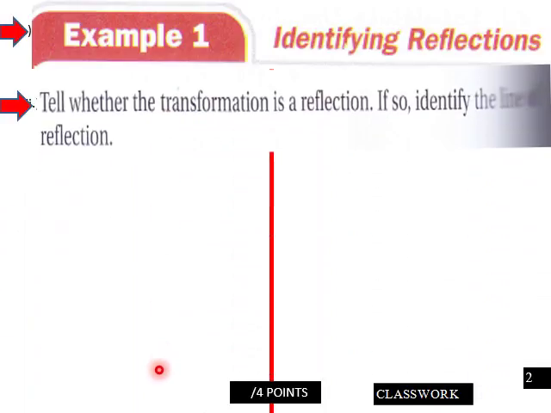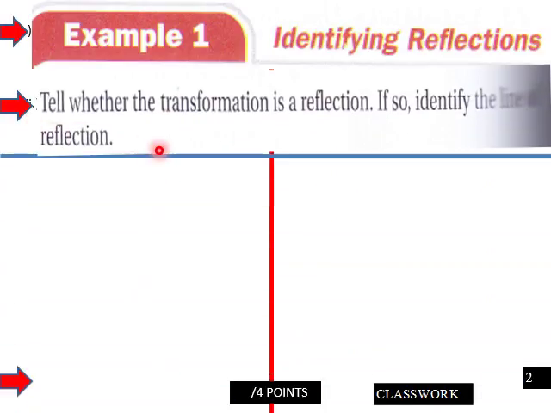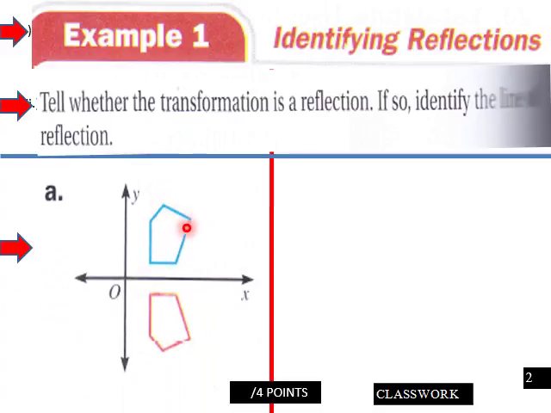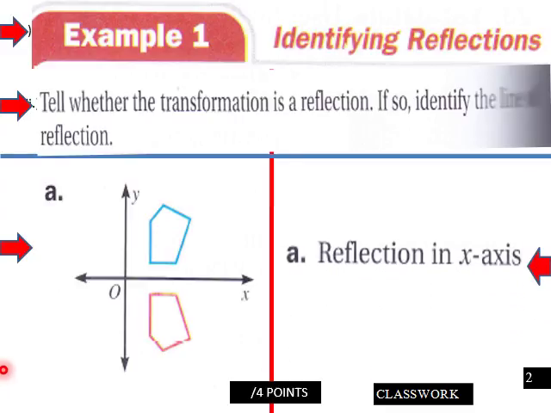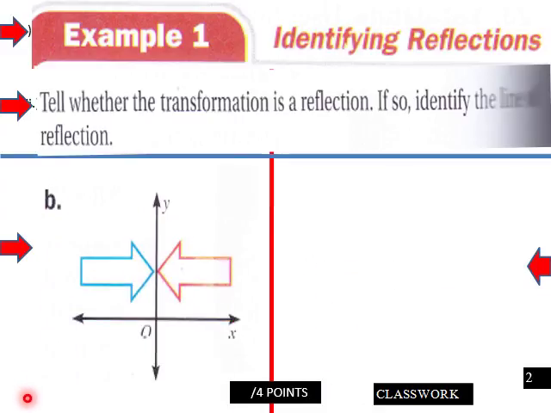And then our first example, identifying reflections. Tell whether the transformation is a reflection. If so, identify the line of reflection. So we have this here. Is this image a reflection of this? It is a reflection in the x-axis.